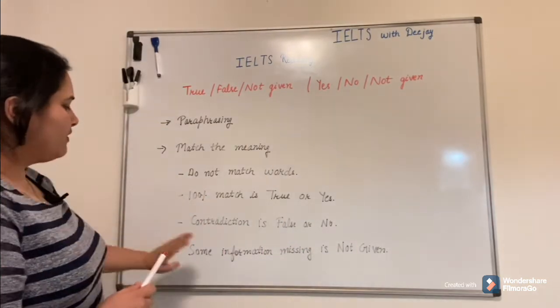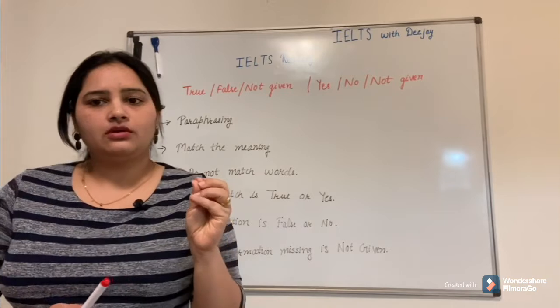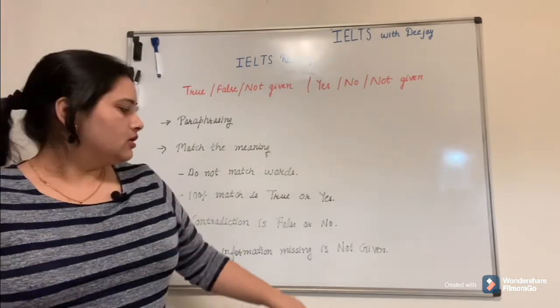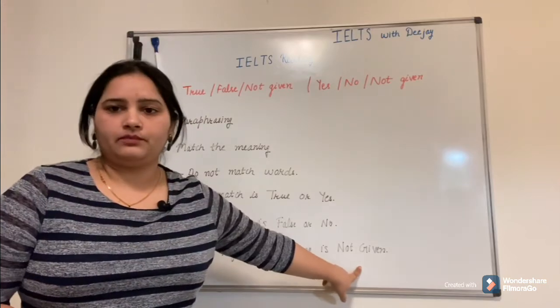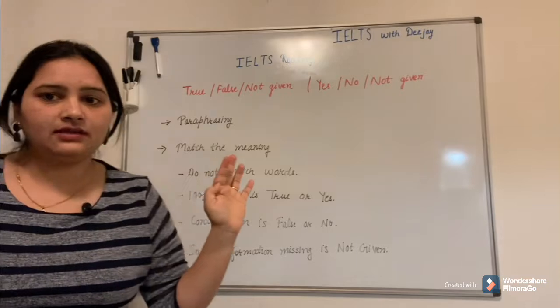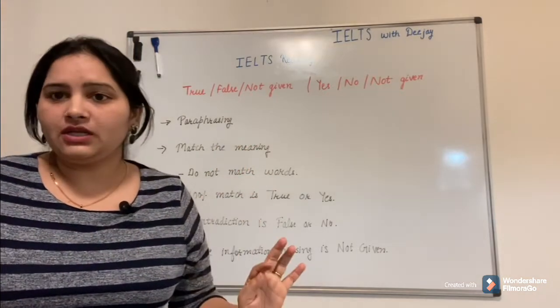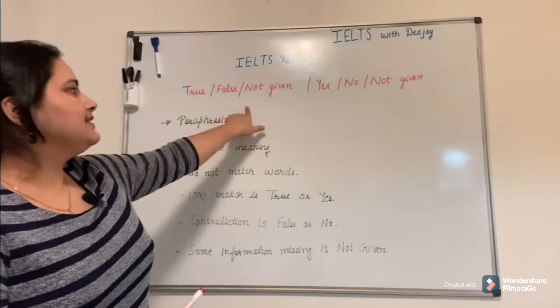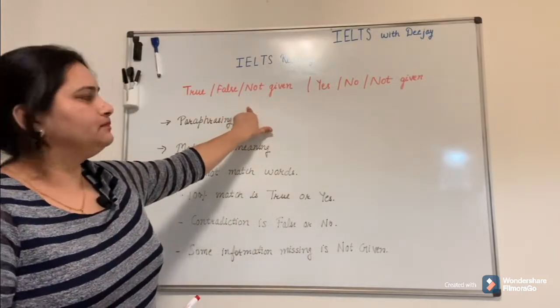Next is when some information or all the information is not available or it's missing, so that will be not given. You need to understand these three things. Paraphrasing, you have to match the meaning, do not match the words. Never ever in these type of questions, please.